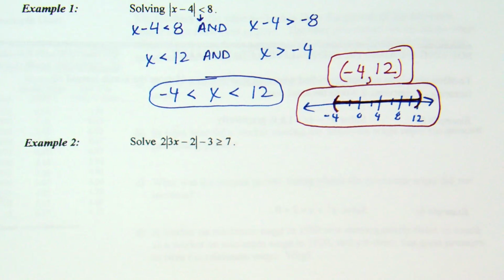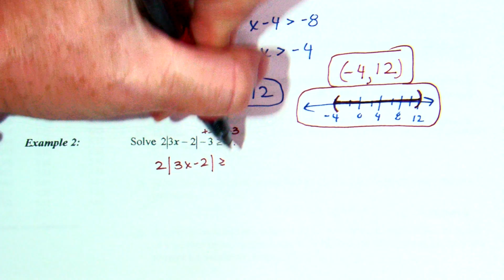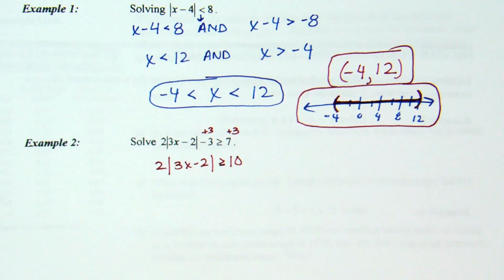If you go ahead and set up the 2, it's not going to be right. So, I'm going to work to get the absolute value by itself. Add 3. So 2 times the absolute value of 3x minus 2 is greater than or equal to 10.